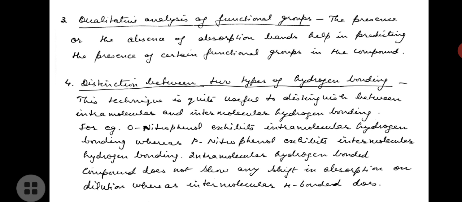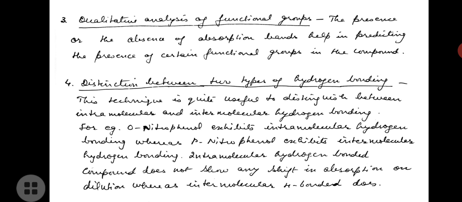Then the fourth one is distinction between two types of hydrogen bonding. This technique is very valuable to distinguish between the two types of hydrogen bonding. So this technique helps to distinguish between intramolecular and intermolecular hydrogen bonding.